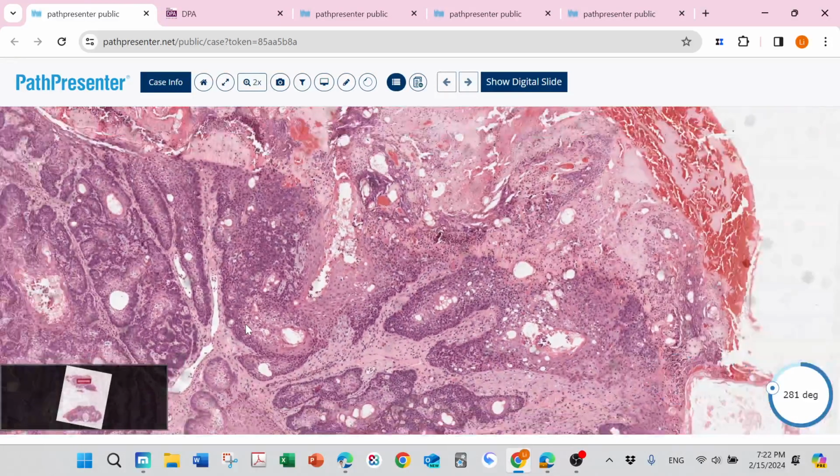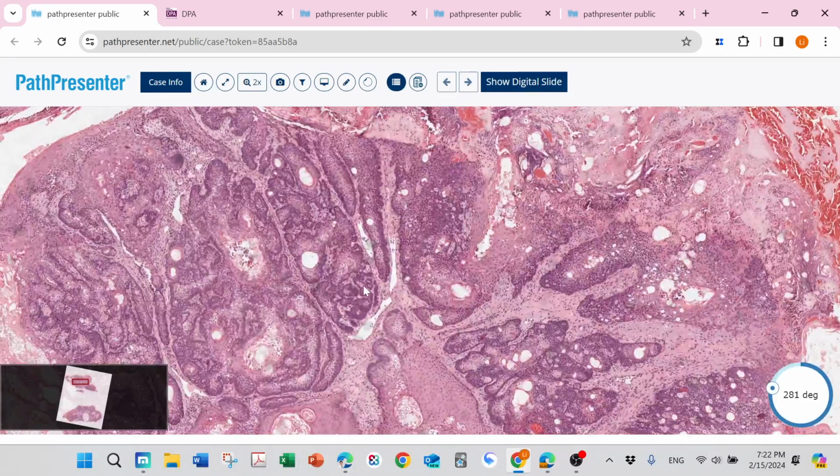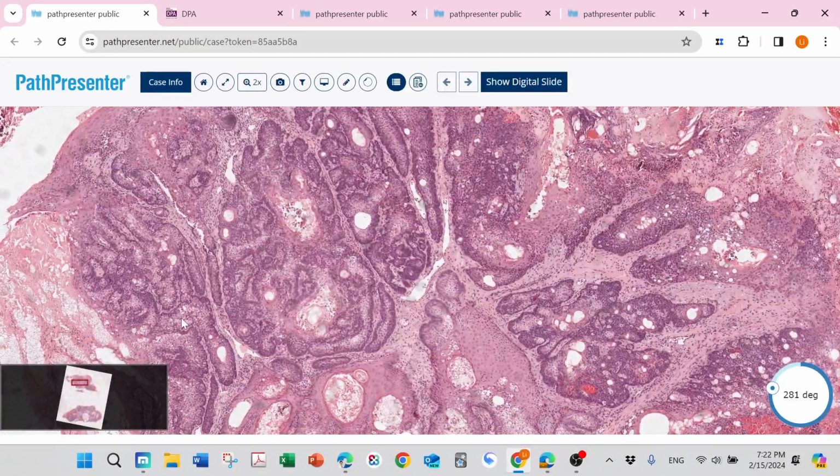And when you call this sebaceous adenoma, that means we have more than 50% clear, well differentiated sebaceous cells. If we have more of this primitive germinative basaloid cell, more than 50%, we call that sebaceoma.